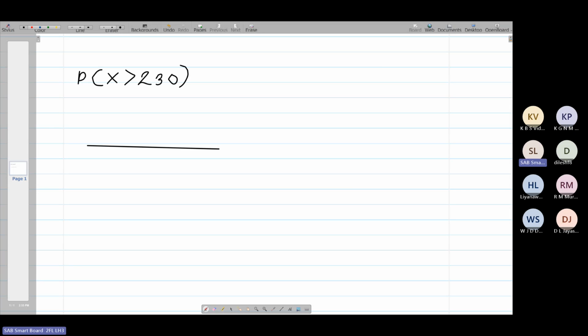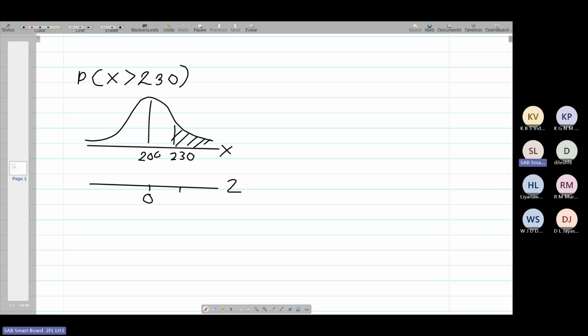Now we need to define X and the distribution again. Okay? Then on the X axis, this is 200 and 230 is there. Greater than means this way. Then next step we convert all the values to Z, and here 0.